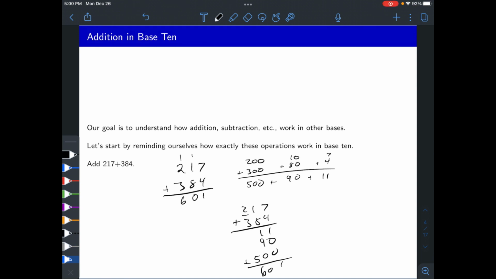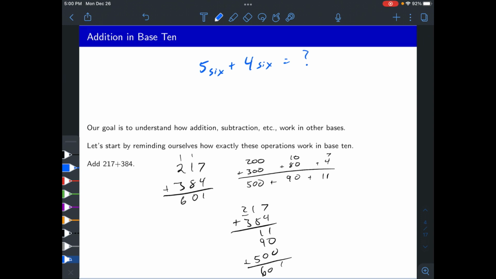Before I do something similar to this, let me discuss a little bit. Okay, let's say I wanted to add 5 base 6 plus 4 base 6. What is this equal to?